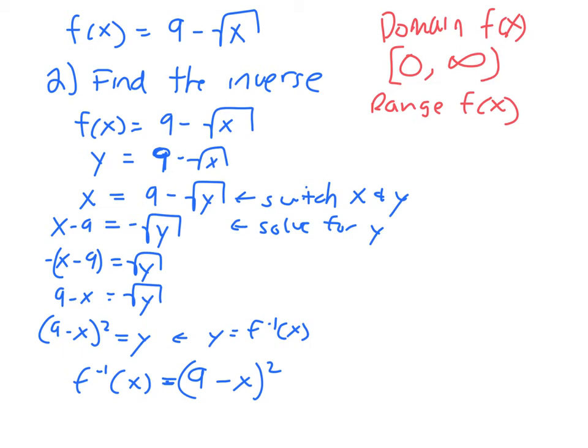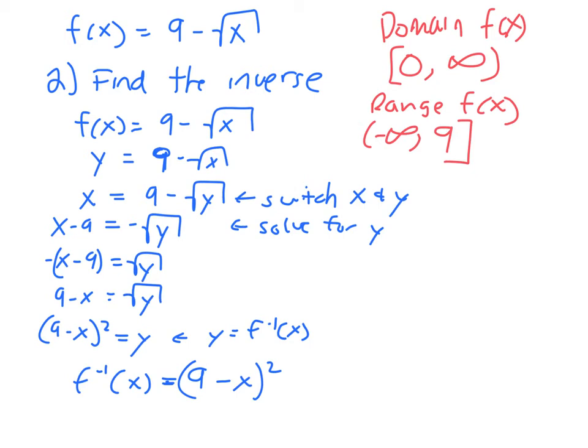So for 9 minus the square root of x, the highest this will ever be is 9, because it'll be 9 minus 0. In terms of how low it can go, x can be a really large number, and 9 minus a really large number is a really negative number. So the range would go from negative infinity up to as high as 9, and it would include 9.